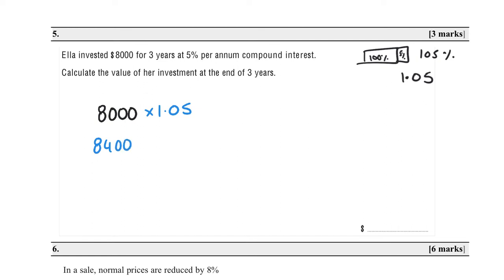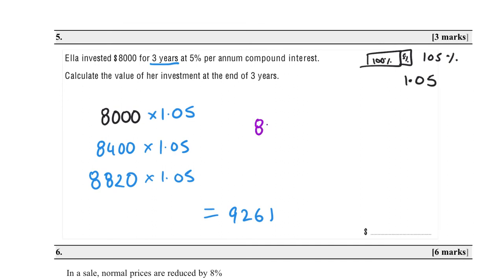Then we need to multiply this by 1.05 again, because how many years is she in there? 3. So I have to do this 3 times. So I multiply it by 1.05 again, and this is the final answer, which is 9261. However, there is a quick way to do this.